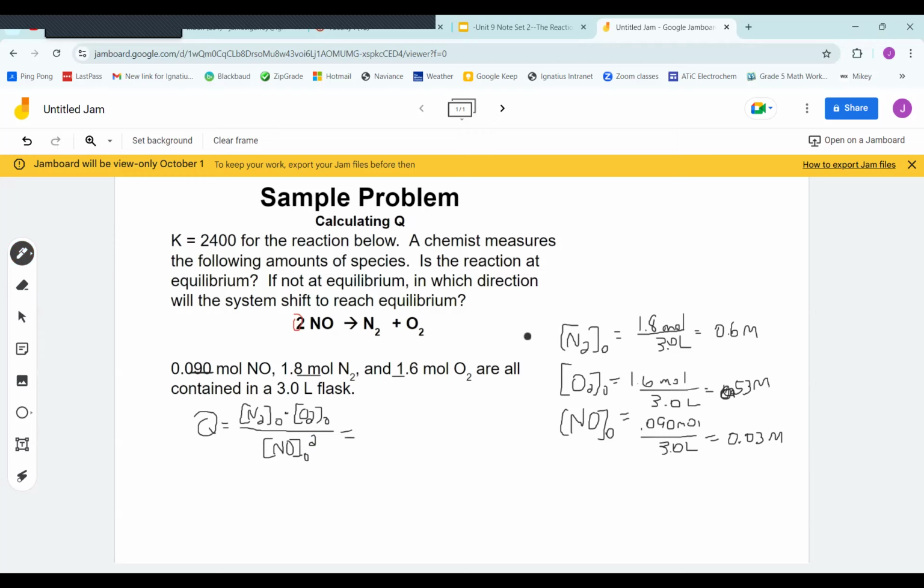Now let's plug in. We've calculated these concentrations, 0.6 times 0.53, all divided by 0.03, and that concentration in the denominator needs to be squared. So punch on your calculator, 0.6 times 0.53 divided by 0.03 squared.